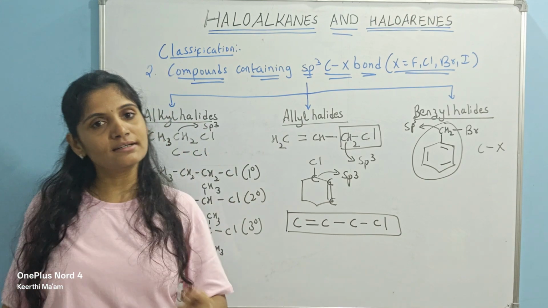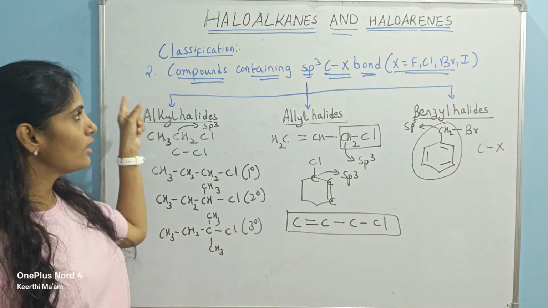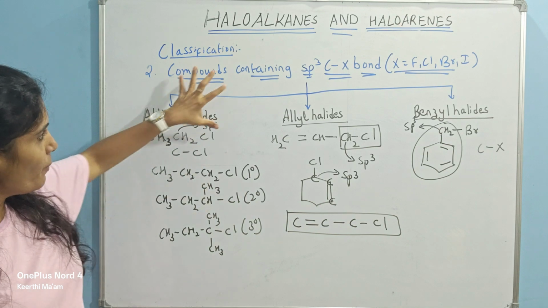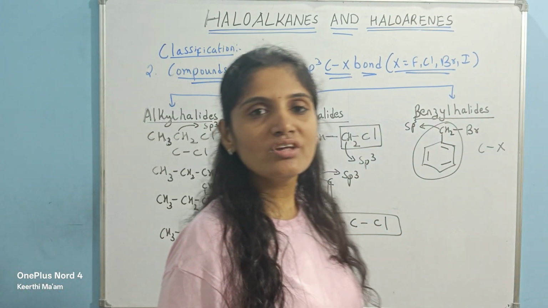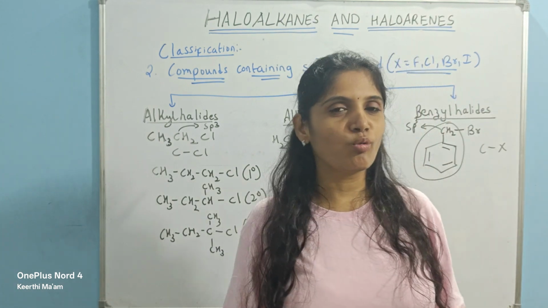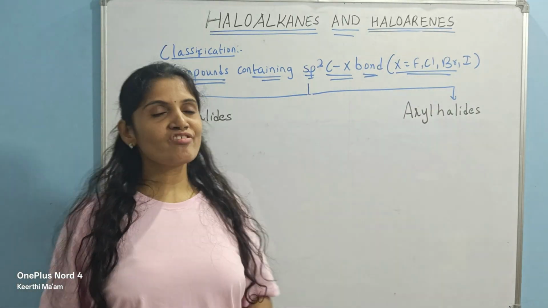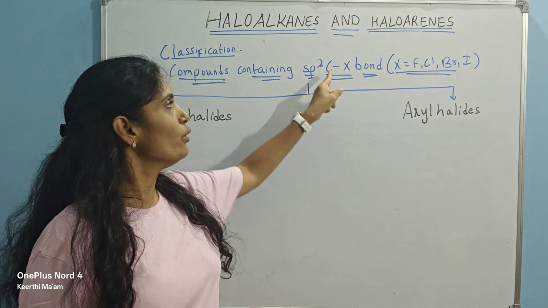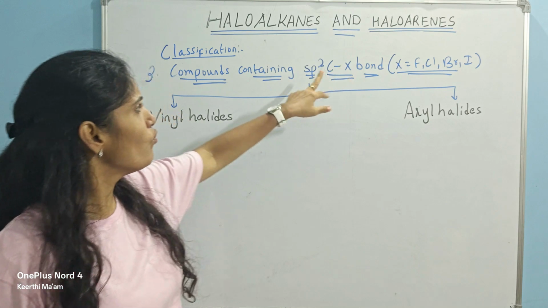Now let us see the third category of classification, where we will see the compounds containing the sp2 CX bond. I hope the sp3 CX bond is clear to you. Now the next category is compounds containing an sp2 carbon-halogen bond. Okay, what does it mean?